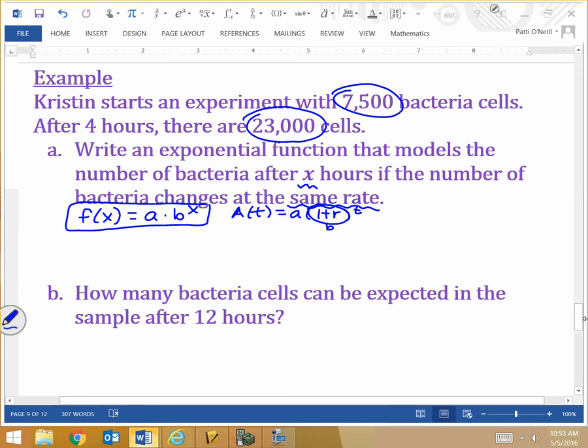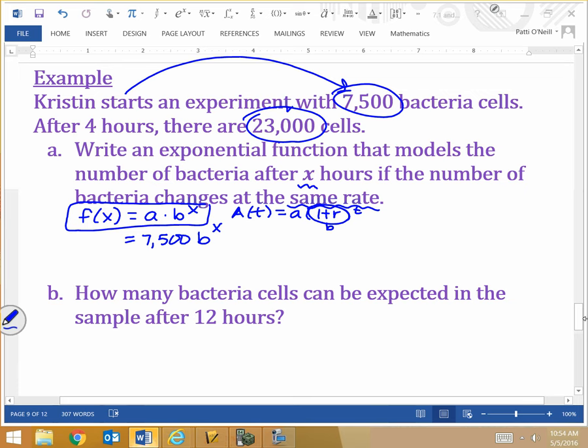The 7,500, it says it starts with 7,500, so that's my a value. So I know 7,500 is going to go in for a. Do I know b? Are we told the base? Because we don't know that rate, the percentage change, I don't know b, and I know that x has to stay as a variable.